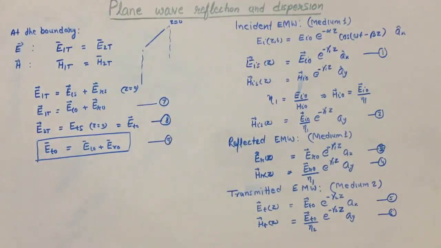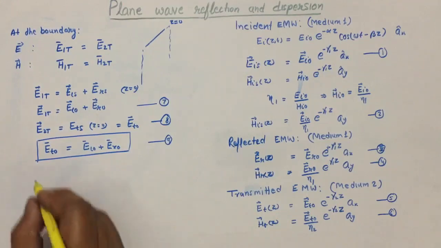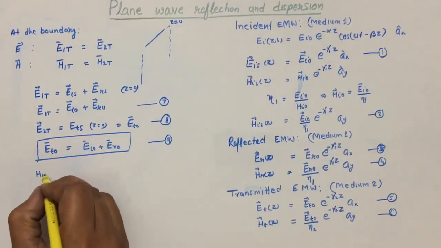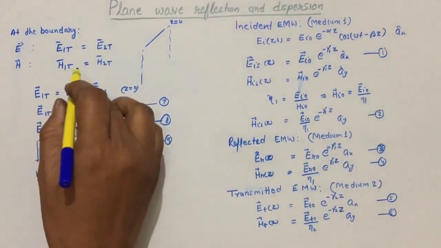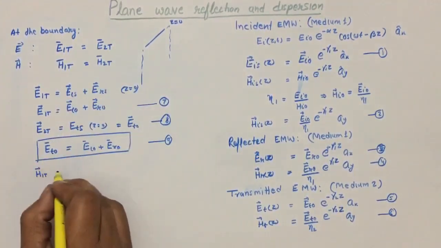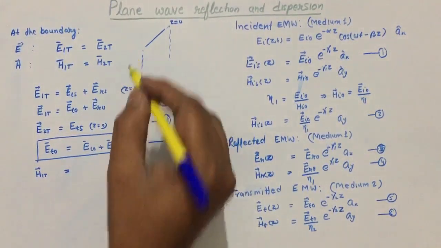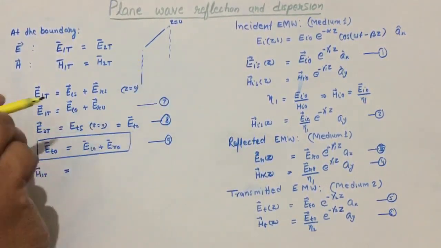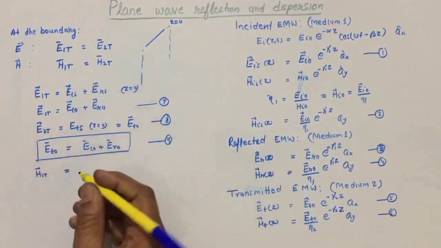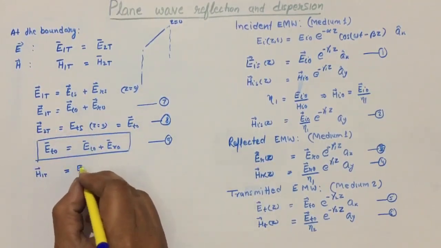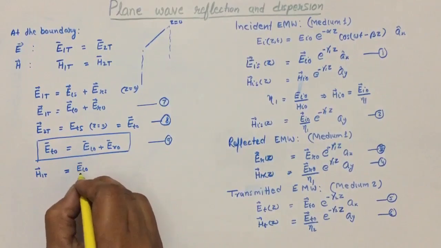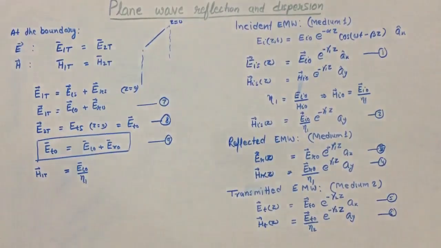Similarly, we can relate the magnetic field component, that is H1t will be equal to H2t. So H1t will be the magnetic field component in medium 1, that is the incident wave and reflected wave. So E incident wave divided by eta 1.